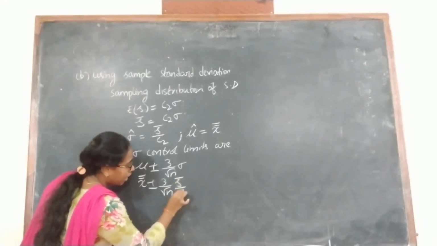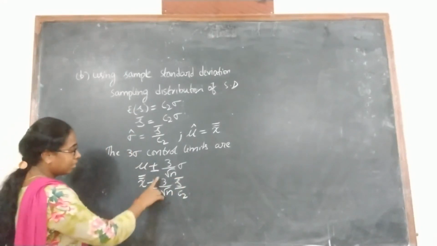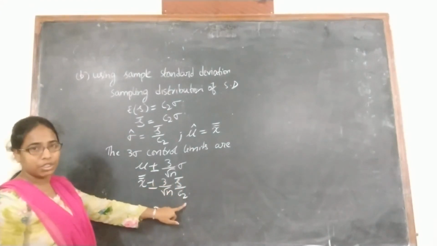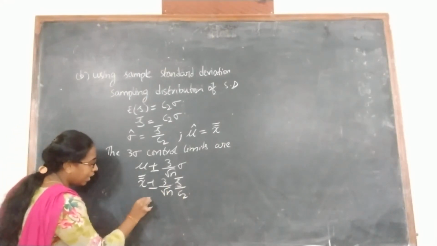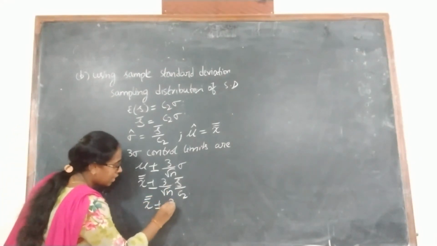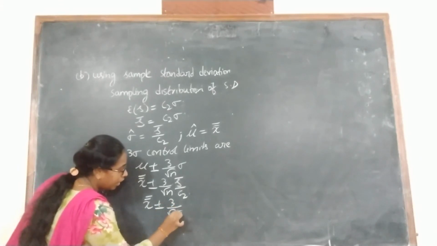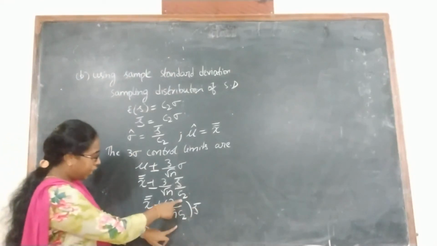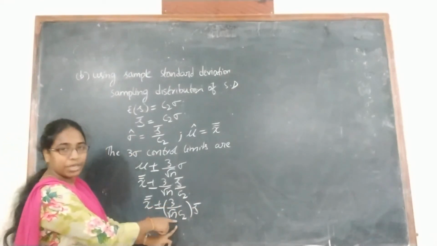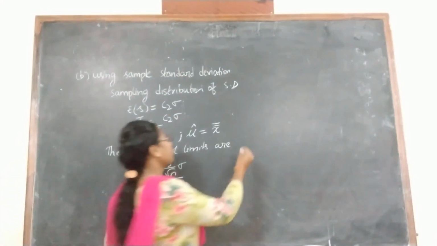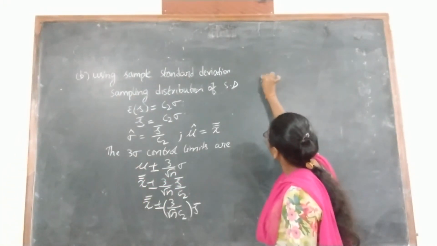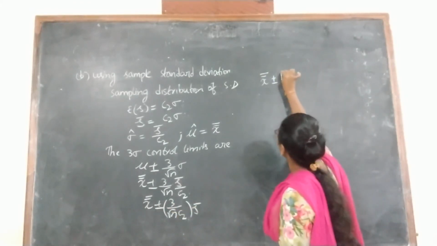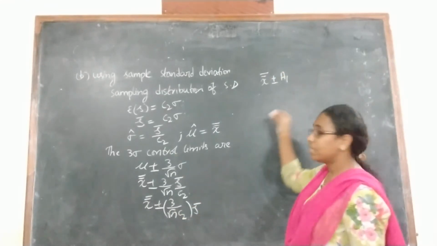Now keep S bar aside and consider 3 by root n into C2 as one term. You will get X double bar plus or minus 3 by root n into C2 into S bar. Similarly, we assume this value 3 by root n into C2 as A1, so that we get X double bar plus or minus A1 into S bar.